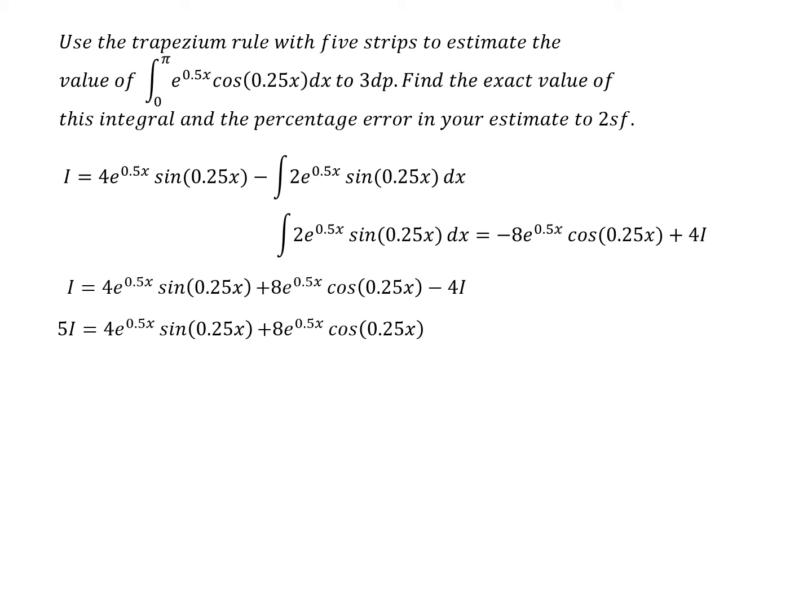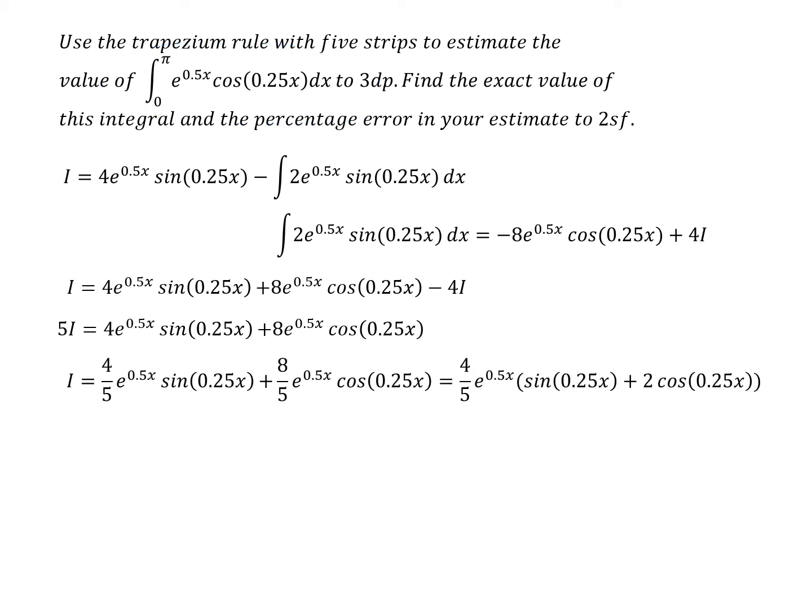It gives us 5I, so we've got an expression for 5 times the integral. Dividing that by 5 gives us an expression for I, the integral of this without any limits. I can tidy that up a little bit, factorising out the 4/5 e to the 0.5x, and then inside the brackets I've got sine 0.25x plus 2 cos 0.25x.